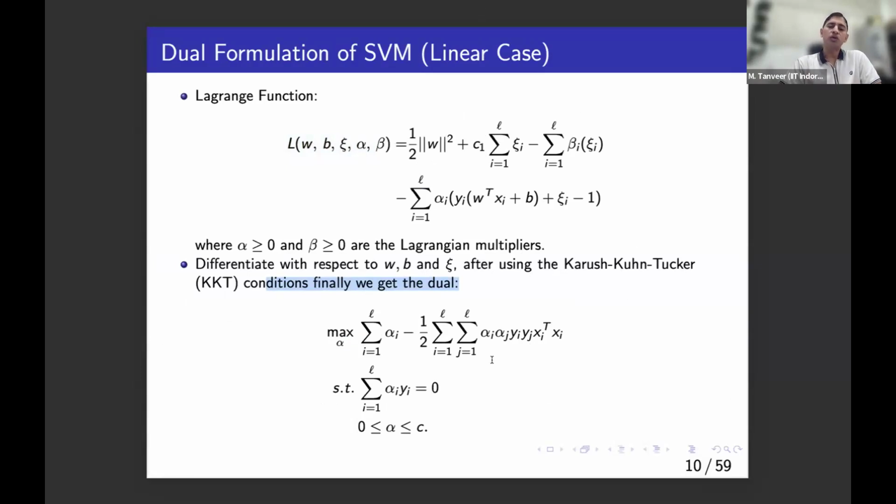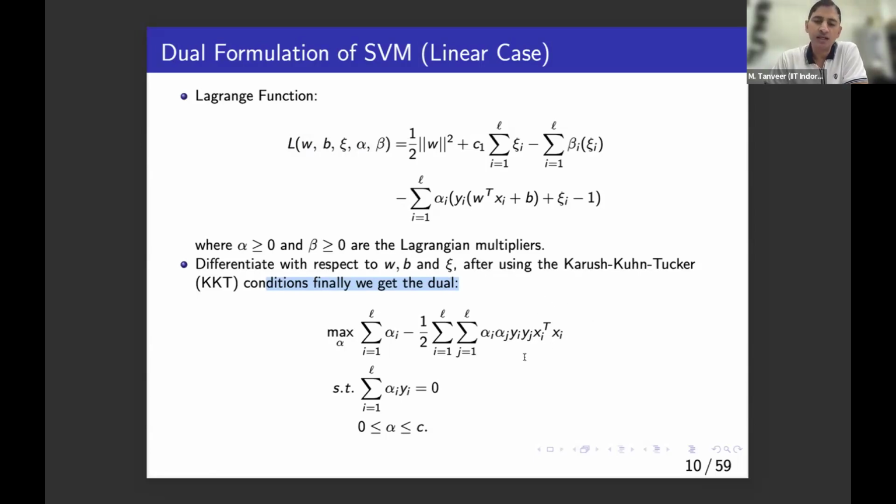Essentially, the dual problem is the summation of alpha_i minus half the summation of alpha_i alpha_j y_i y_j x_i transpose x_j, subject to the constraint summation alpha_i y_i equal to 0, where alpha lies between 0 and C. Important to note here is that the data points in the dual formulation appear in the form of a dot product. You see this x_i transpose x_j.